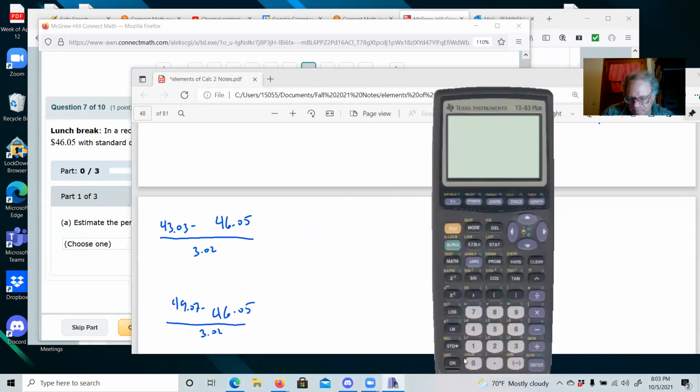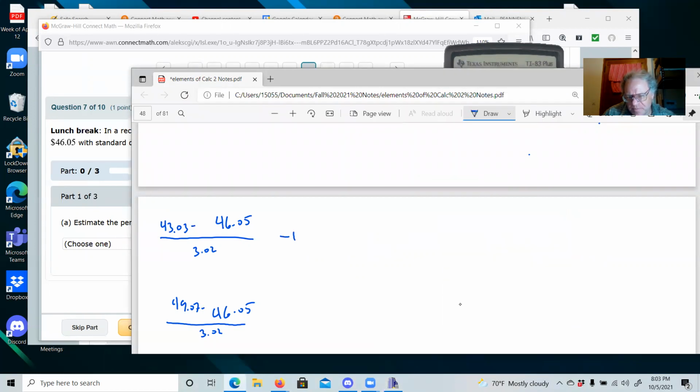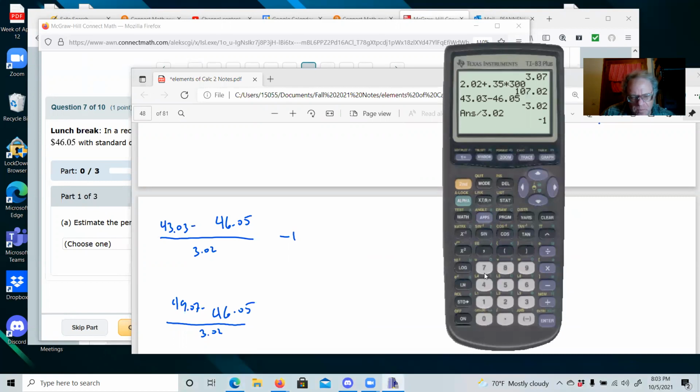So we're going to take 43.03 minus 46.05 divided by 3.02. One guess. It's -1. All right. What about 49.07 minus 46.05?